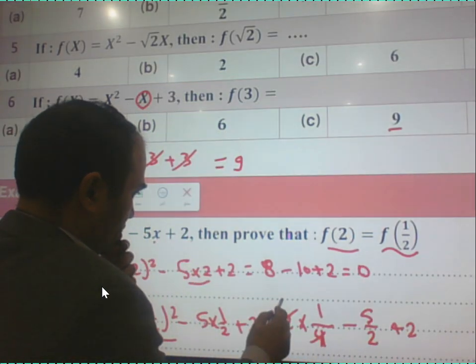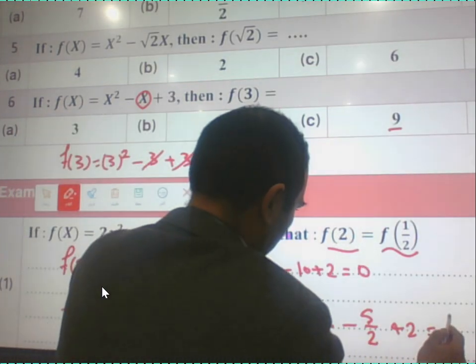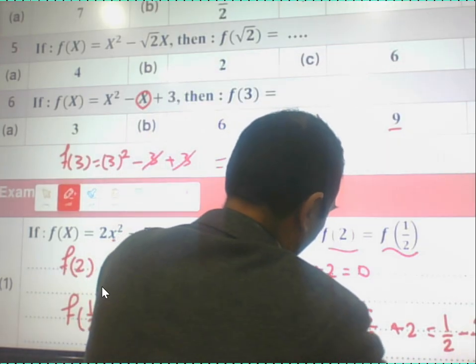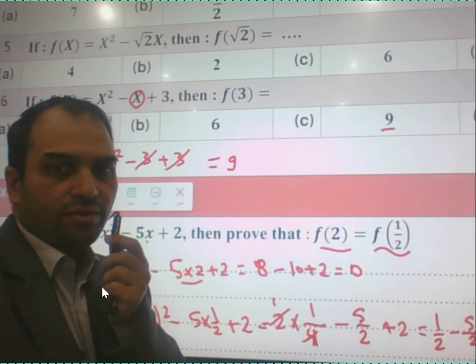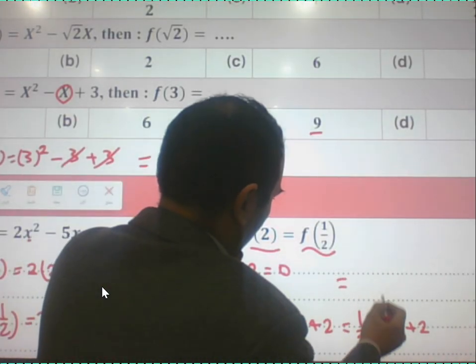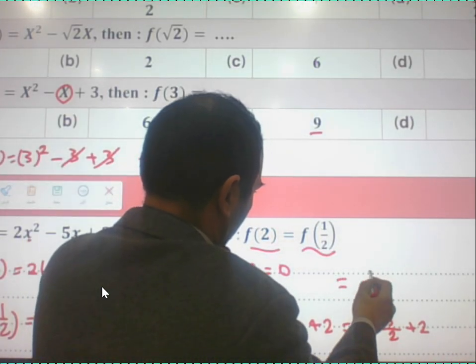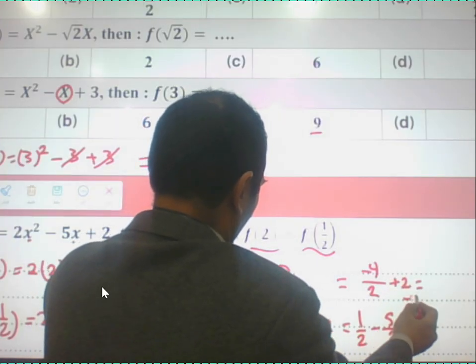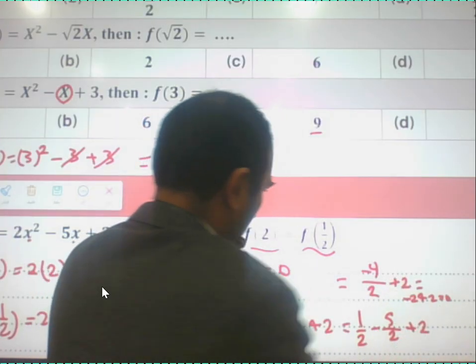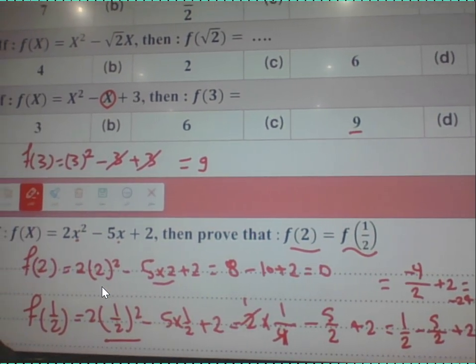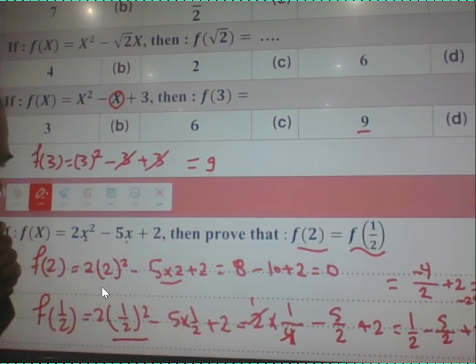We can simplify, write 2 in the denominator and 1 minus 5 is negative 4. Negative 4 divided by 2 is negative 2. Negative 2 plus 2 equals 0. Then the answer here will be 0. Then f of 2 equals f of half, both equal 0.